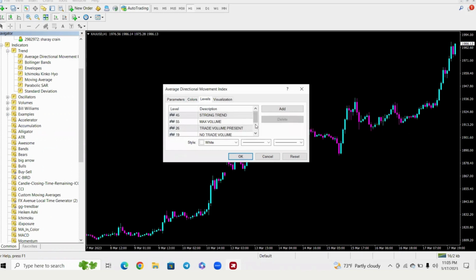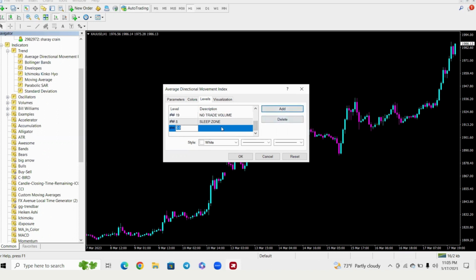After you drag and drop it to your chart, what you're going to do is make sure it has these levels of 45, 55, 26, 19, okay? You're going to make sure that it has this 8 as well. And you guys can see the names that I've labeled them, okay?